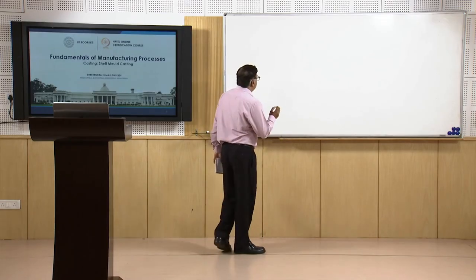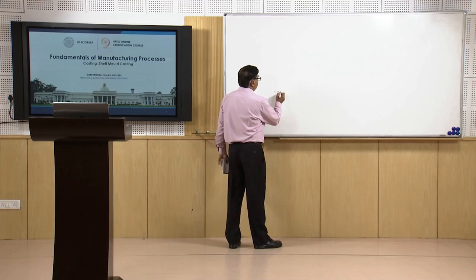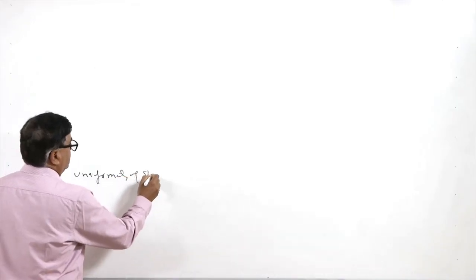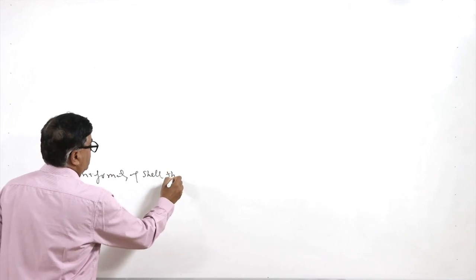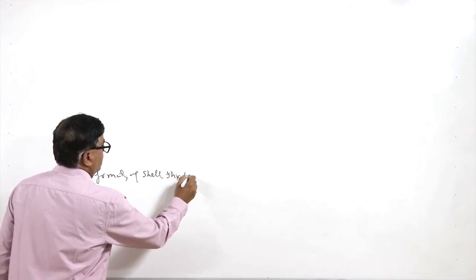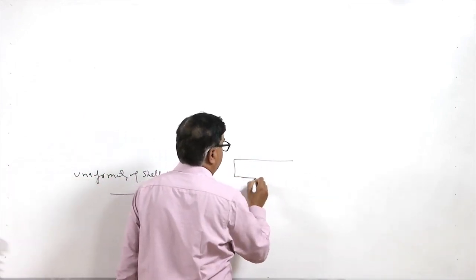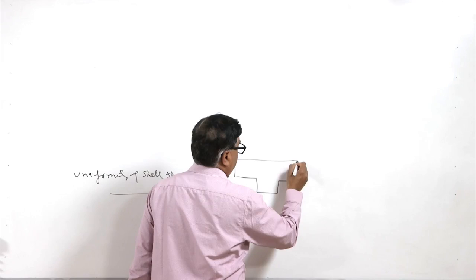So, for uniformity of the shell thickness, it is important that the temperature of the entire pattern is uniform. Say the pattern was of this type.